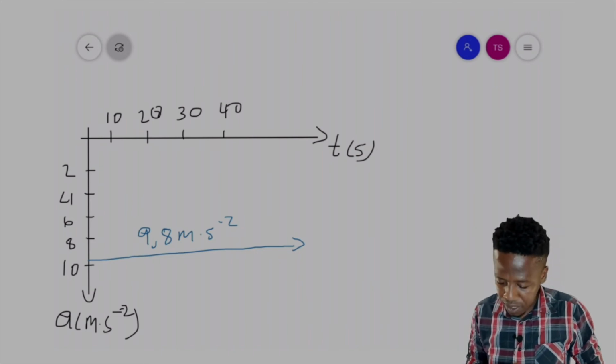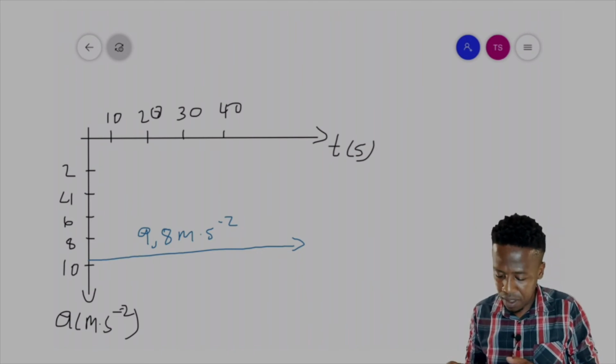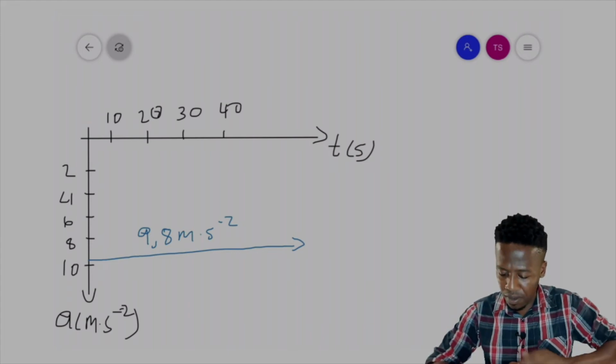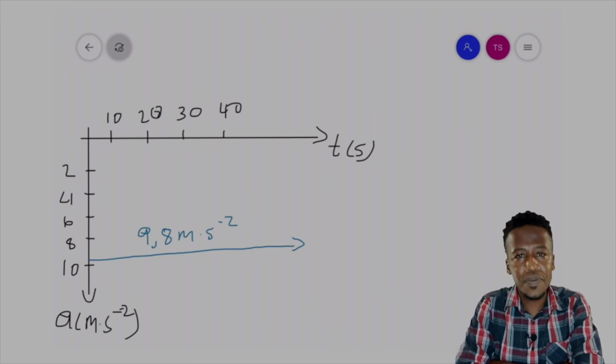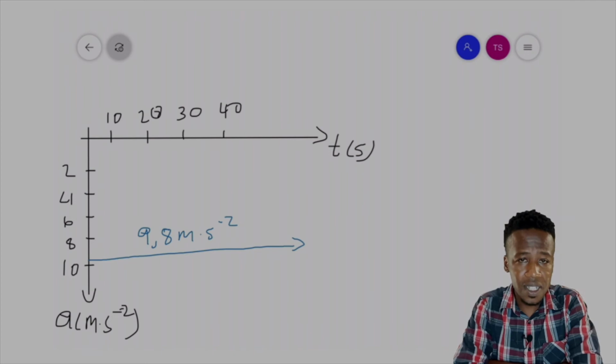Excuse the line, it's not that straight, but if I draw it with a ruler it would be straight, but I'm sure you guys get the idea. So this would be our acceleration versus time graph.